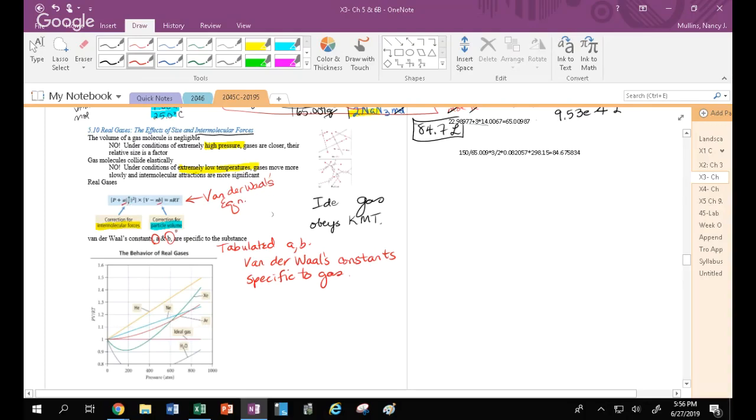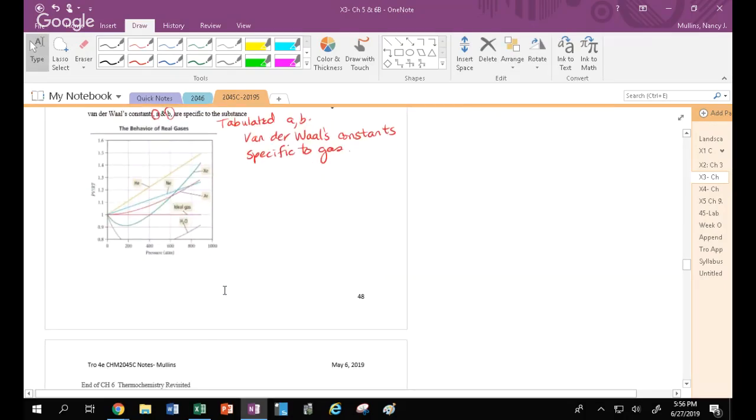That the volume correction factor, this B term, is obviously going to affect the volume in your ideal gas law, because you can see that van der Waals equation for real gases is a modification of the ideal gas law, and it's just showing where those corrections are being made. Why do I not ask you to do it? Again, it's just mostly tedious. I would just want you to know that there are corrections and where they show up.